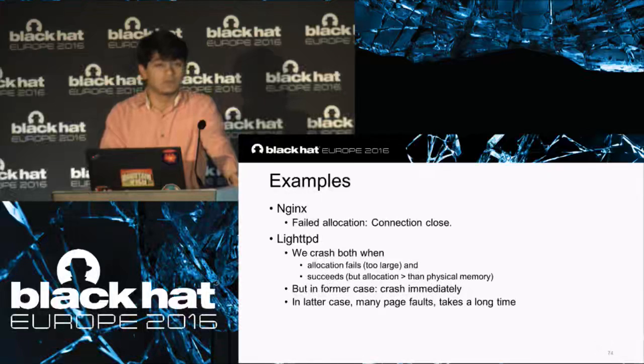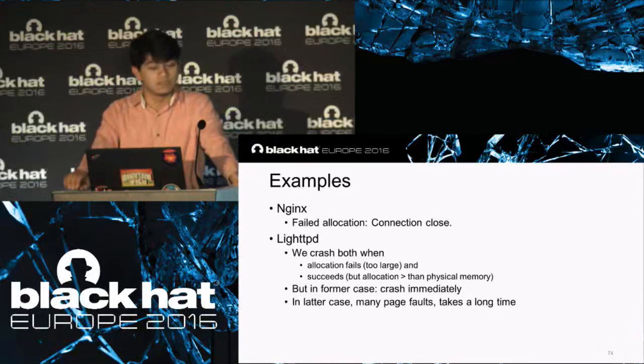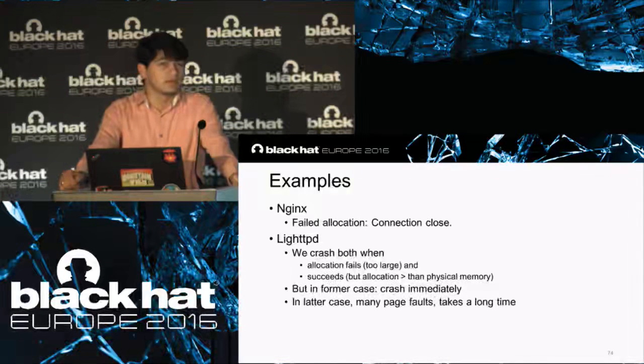The reason that LightTPD crashes is that when it allocates the large memory region, it tries to initialize this region. It allocates a large memory region, and when it allocates, it's not a problem. But when it starts initializing the memory, it starts using physical memory.